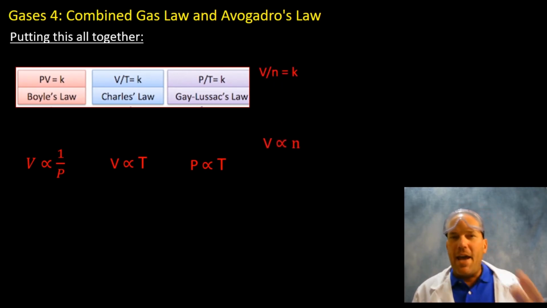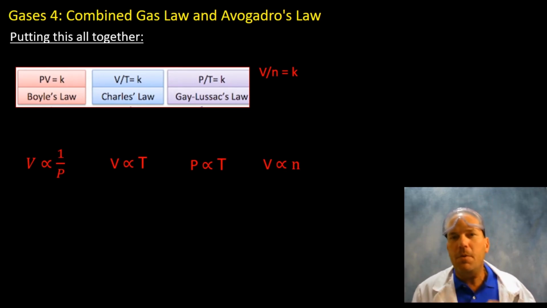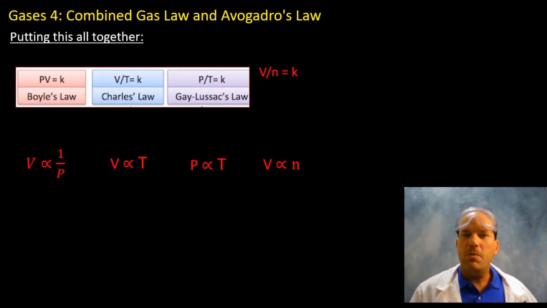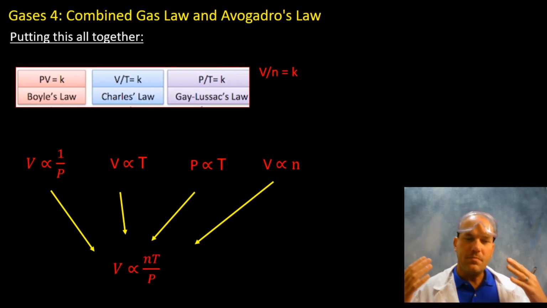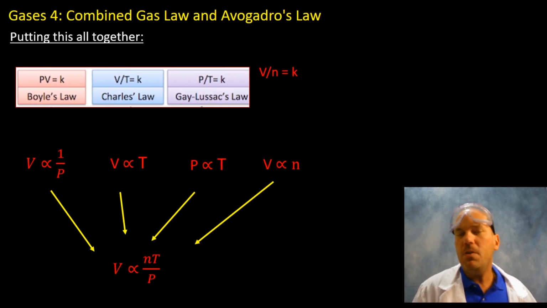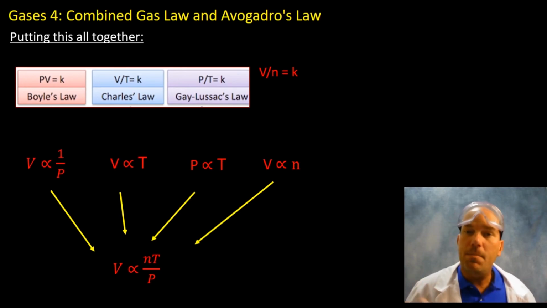So now with Avogadro's law, we can finally include the number of moles. All right, so volume is directly proportional to the number of moles. So if we were to take all 3 of these and put them together, we could show that volume is proportional to moles times temperature, that quantity divided by the pressure.